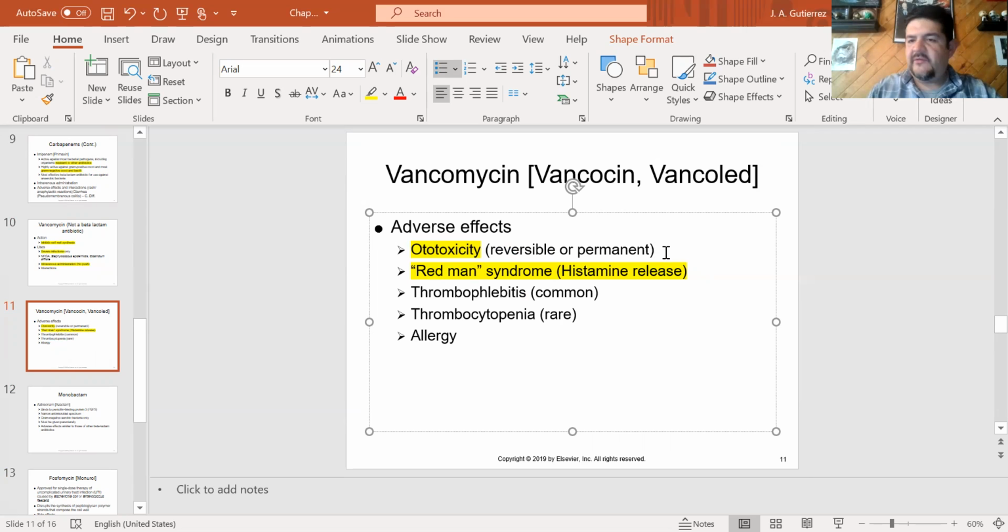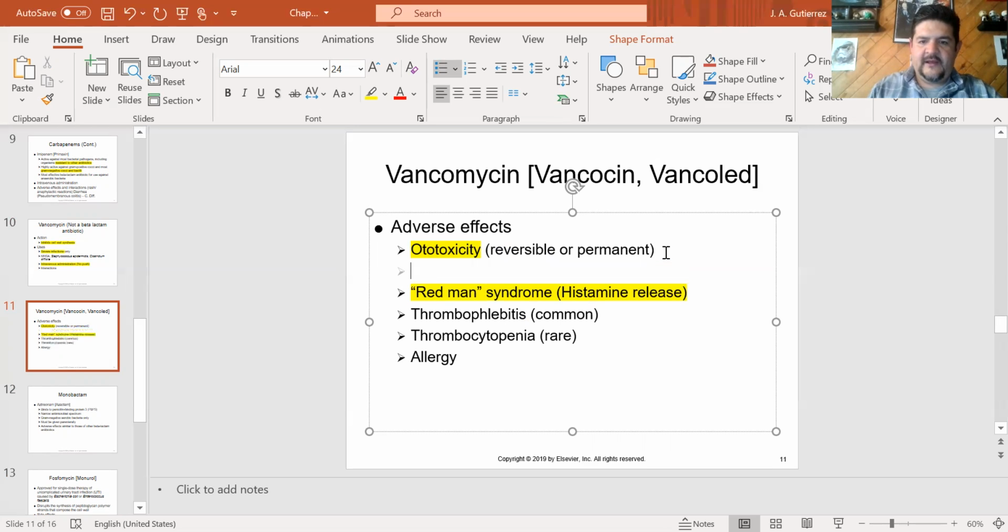So if you walk into a patient room and you say good morning and they ignore you, and you know that that patient has been on vancomycin for the last 3-4 days, oh, the patient is not being rude to you. Maybe they're not hearing anymore. So you should be careful with those signs of deafness. And same thing, if the patient wants to go to the bathroom and they stand up and they get dizzy and fall down, same thing, it could be ear damage.